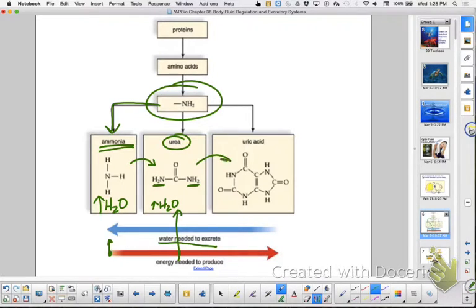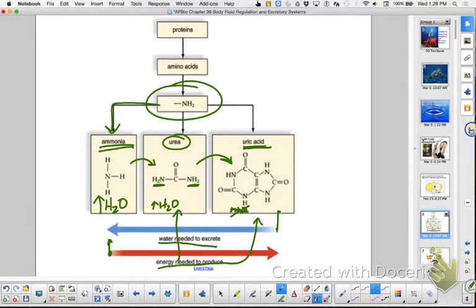Level it up one more time and you'll make uric acid. Uric acid, you can see, is a larger structure molecularly, but it does not require much water. If you look at your water level, very low. So it takes the least amount of water to handle uric acid, but it takes a lot of energy to make it.